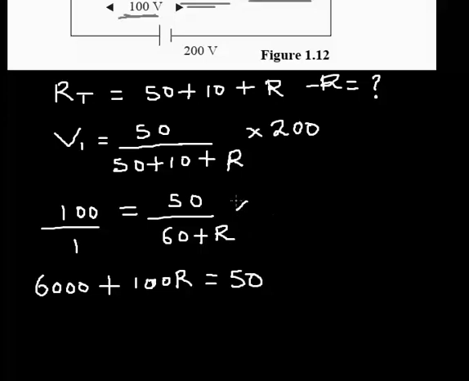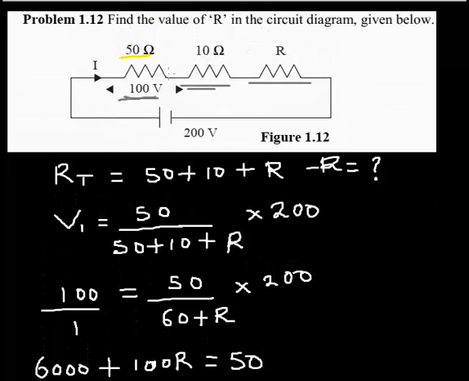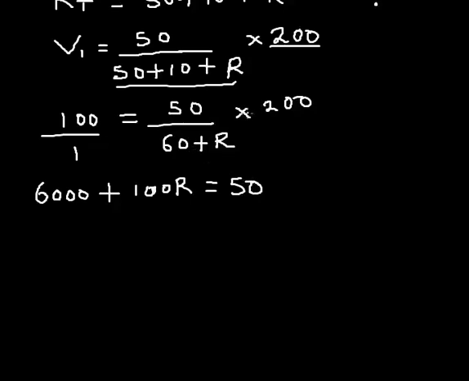Remember, the voltage divider is: the voltage across 50 ohm is going to be equal to 50 ohm divided by the total resistance, then multiplied by the supply voltage. Okay, don't forget that. So this 50 was still times 200 that I didn't take note of.